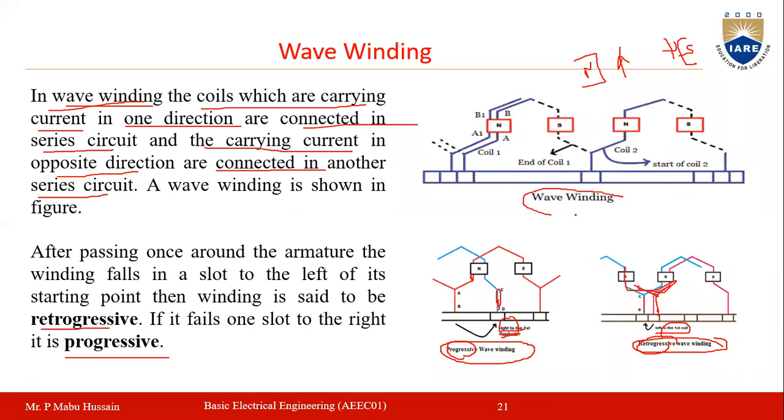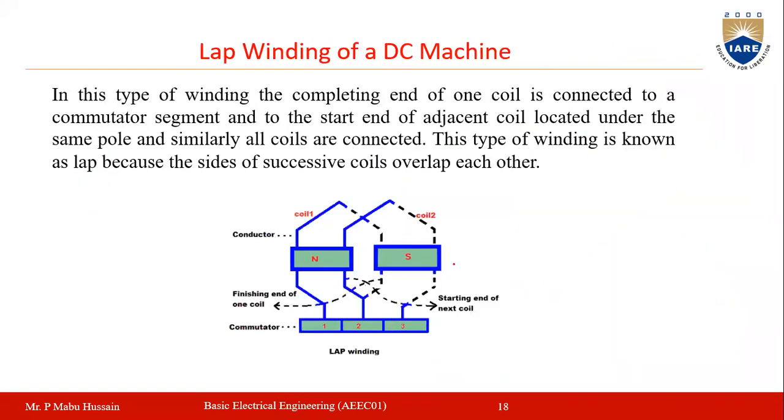So generally in wave winding, if you observe, the end of coil 1 and the starting of coil 2 are connected together, and these two are under different poles. Okay. Now in lap winding, how are we connected?